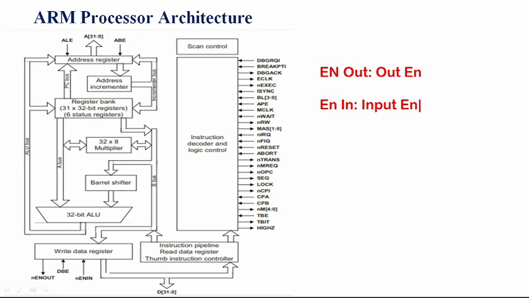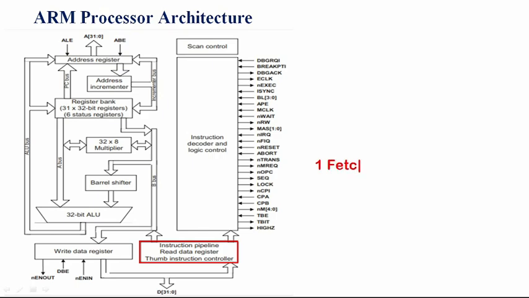Apart from this, in our ARM architecture, we can see the instruction decoder and pipelining. We have already studied this in the first introduction slide. Pipelining follows three stages: one is fetch, the second is decode, and the third is execute.